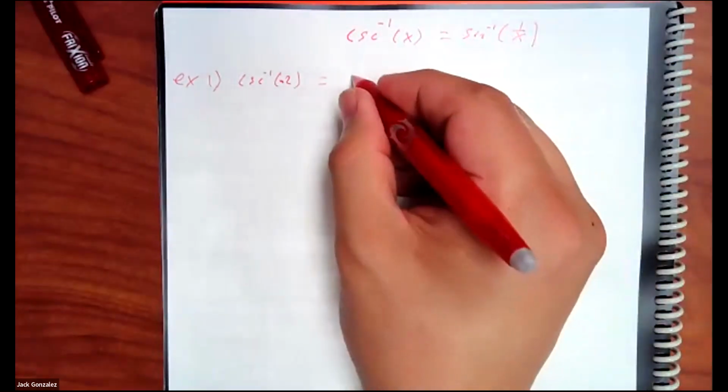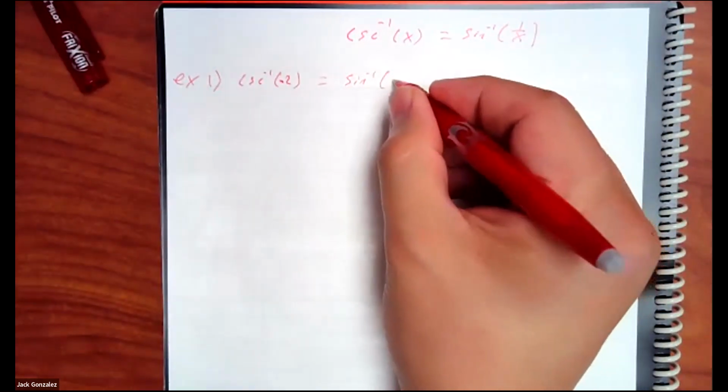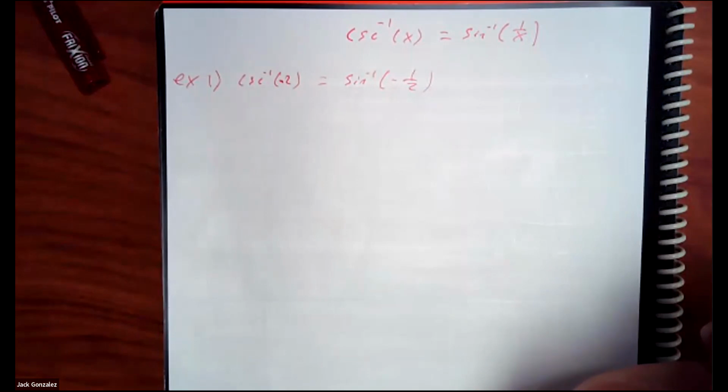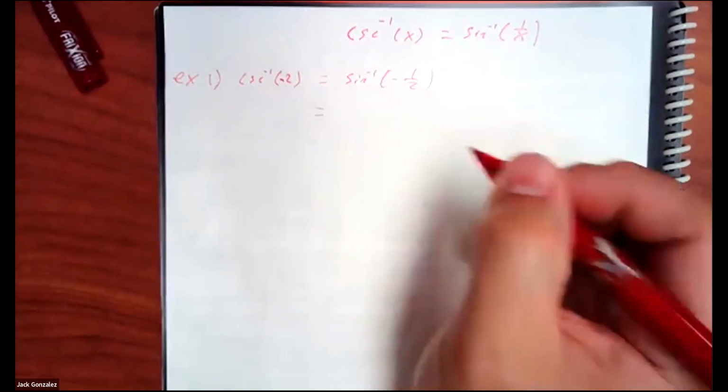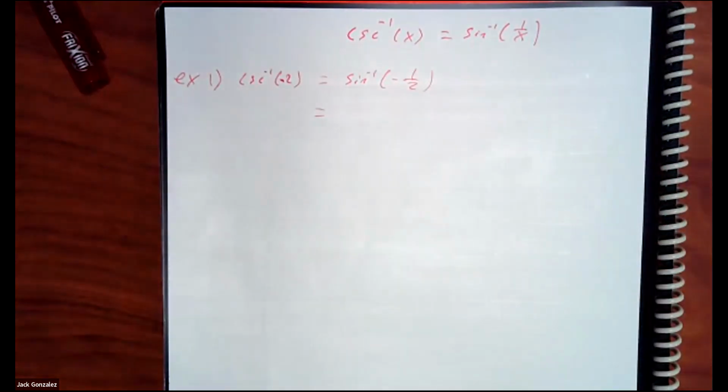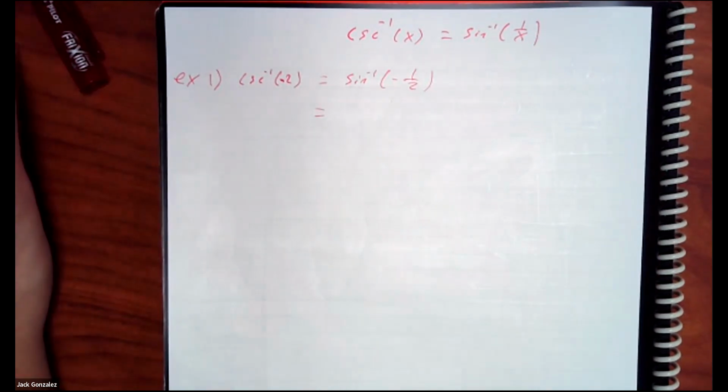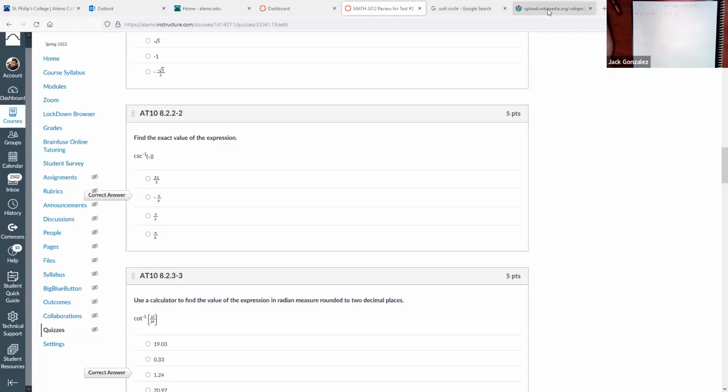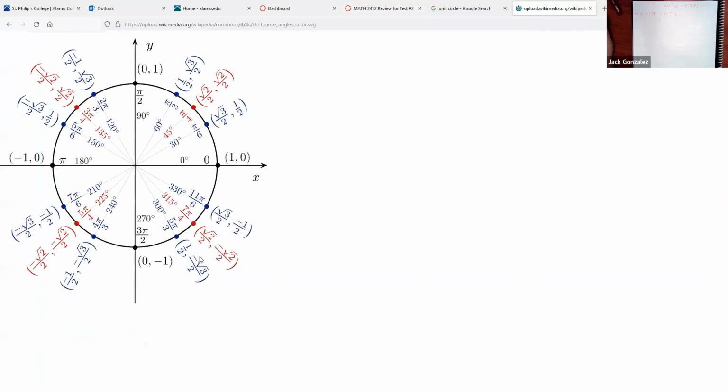So this would be sine inverse of negative half, which on your circle would be somewhere. Negative half would be 2 pi thirds or 7 pi 6.